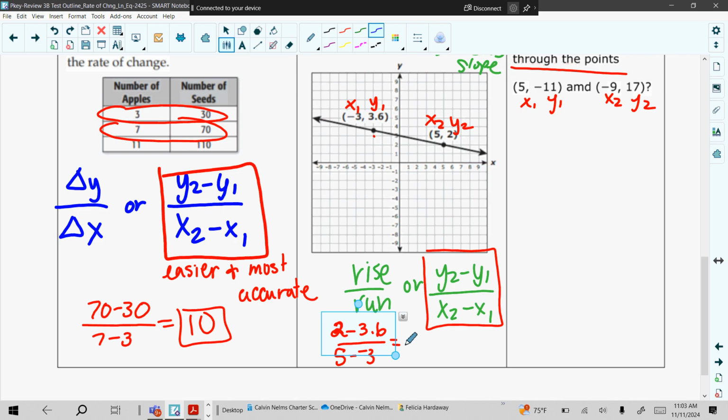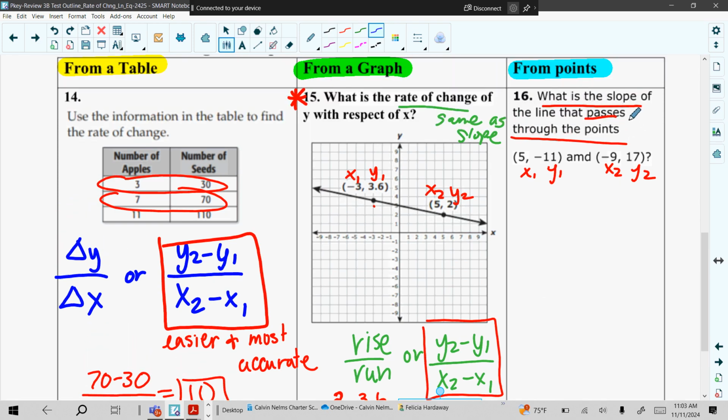I believe it's the decimal answer. Yeah, negative 0.2. Yes, good. All right, and then if you ever are given 2 points, you always use the slope formula. All right, let's try attempt number 16, guys. Number 16.